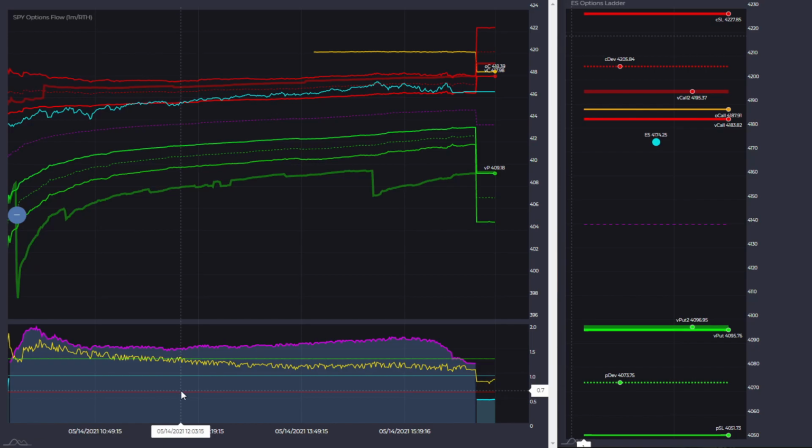Okay? Now, when it's above the green line, it means it's extremely bullish and the market is going to be really hard to stop. When this yellow indicator, which we call DV actually, is below the red line, it means the market is extremely bearish and it will be very hard to stop within these first green or red bands.